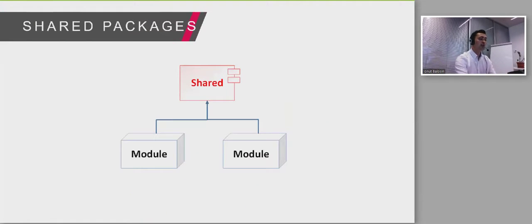Also, you can create coupling across modules, packages, and so on through other shared components. For example, in the case of microservices, this pattern might not be recommended because it's better to share nothing in a microservices architecture.